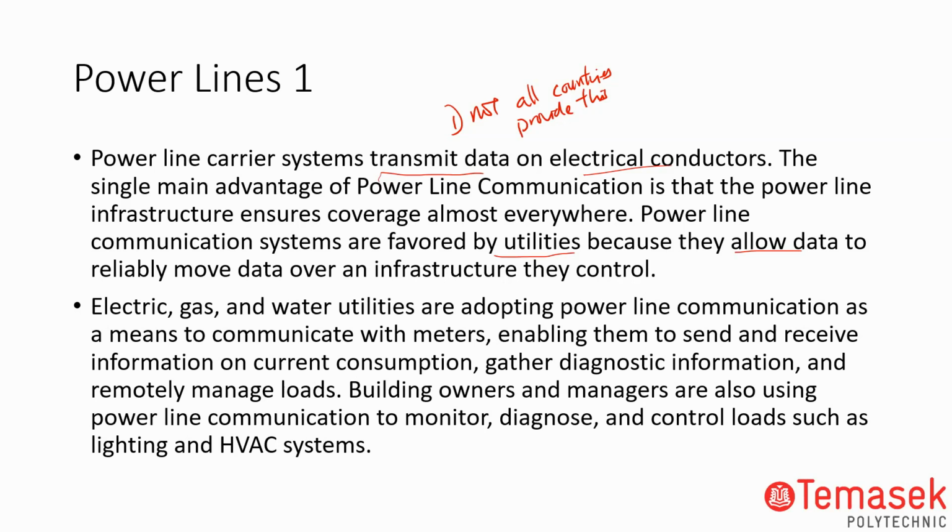If you want to use power line, you need to make sure that power line is a lot more expensive than the typical power line that you are running in many countries, because the purity of the copper, the way to lay the copper cable, and the connection of the power line need to meet much stricter standards. Because if you don't do that, your data will not go to whatever places that you want it to go to.